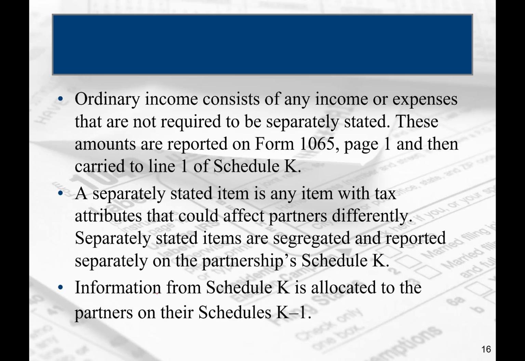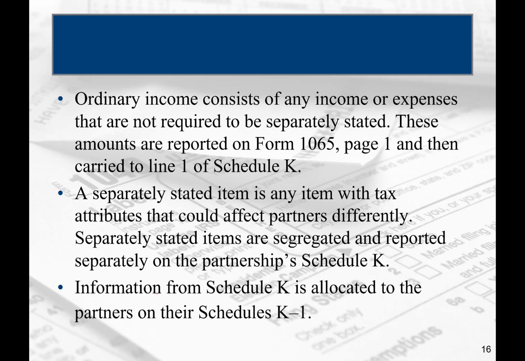If there are any separately stated items, which we'll see on the next slide, those also will get over to Schedule K. These are things like charitable contributions, etc., that are going to go over to the partners. And then all we do from Schedule K to K1 is allocate proportionately the amount that goes to each partner.